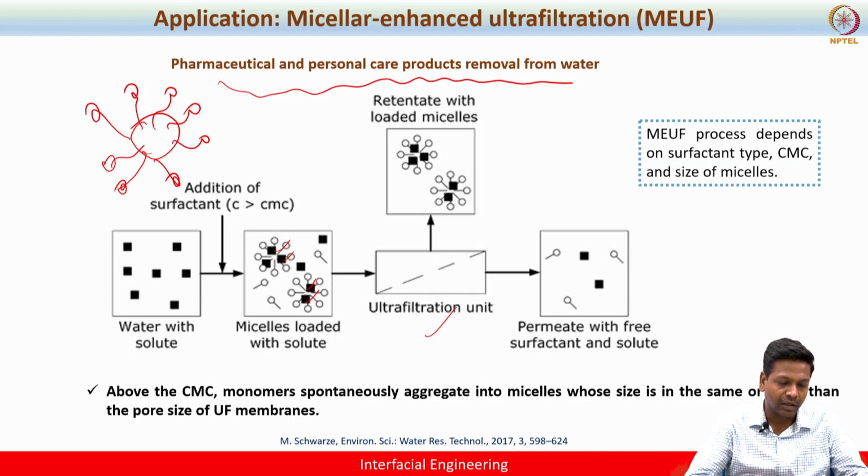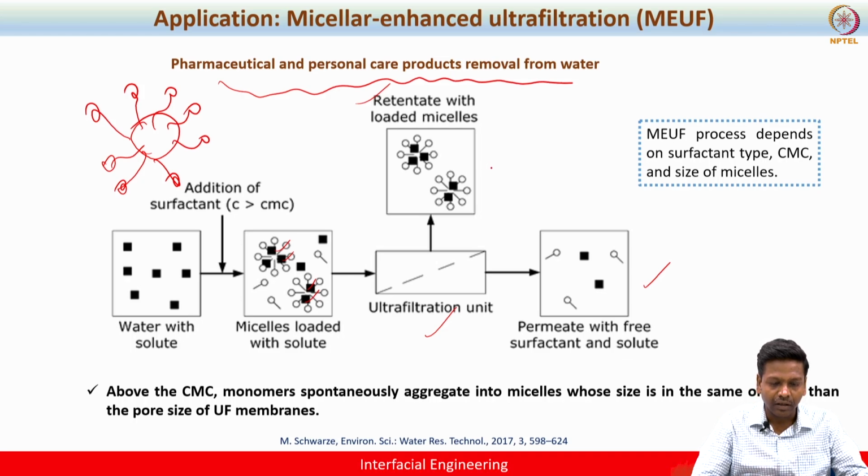When the micelle-loaded aqueous stream passes through this ultrafiltration unit, the free monomer and the free solute come out of the membrane as permeate, whereas the micelles with the entrapped solute molecules are collected as retentate. So you get two streams.